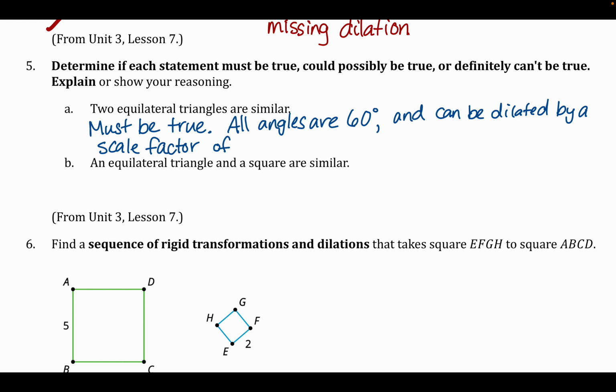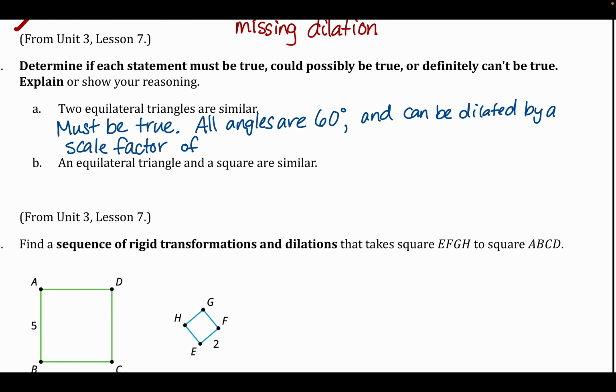Well, we can say an appropriate scale factor, but it's going to be of the two side lengths here. So of the original triangle and the second triangle. So this would be second triangle over first triangle to create equal sides. And that dilation is not going to change the angles at all, so that's nice.